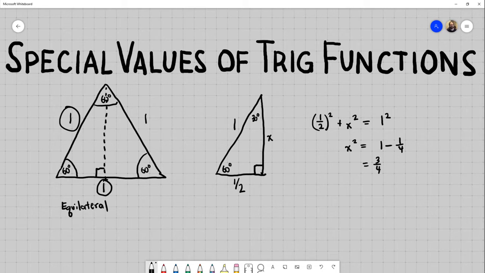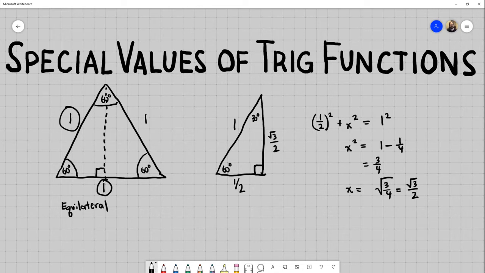And then when I take the square root of both sides, again, if we were just solving a quadratic, we'd have x is equal to plus or minus the square root of 3/4. But since this is a side length, we know that we just need the positive root. The negative root is not relevant in this application here. And when I simplify, we get square root of 3 over 2 using properties of square root. So now we have a length for the height, root 3 over 2.